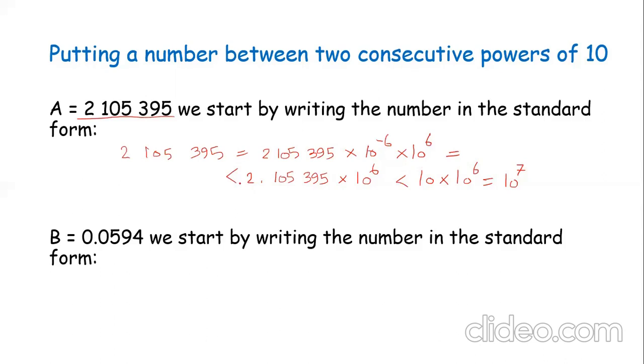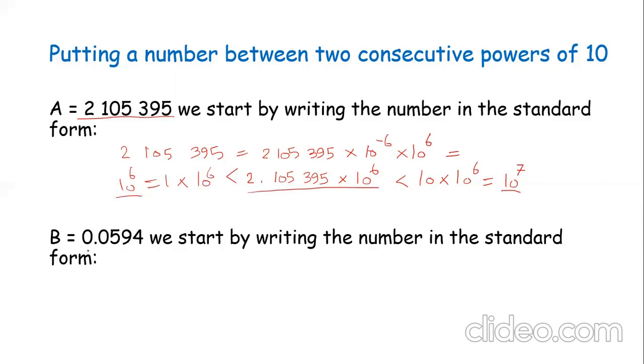So we can see that this number is bigger than 1 multiplied by 10 to the power of 6, which is 10 to the power of 6. So from here we can see that we could put the number, here is its standard form, which is the same as this number, between two consecutive powers of 10, which are 10 to the power of 6 and 10 to the power of 7.